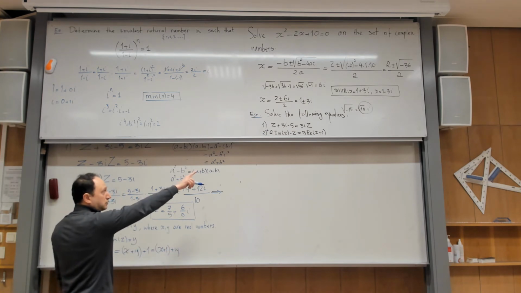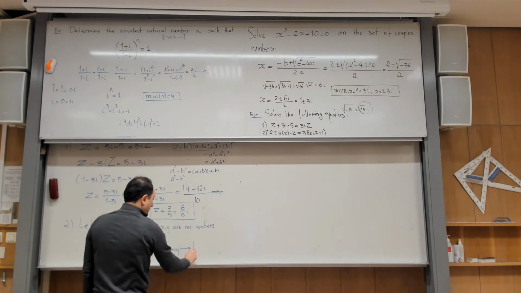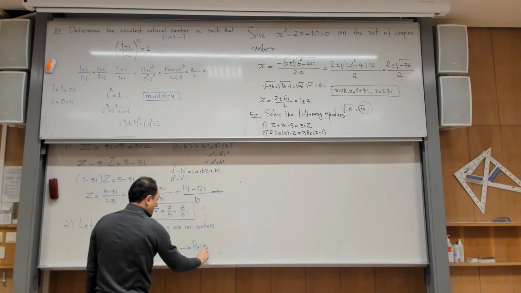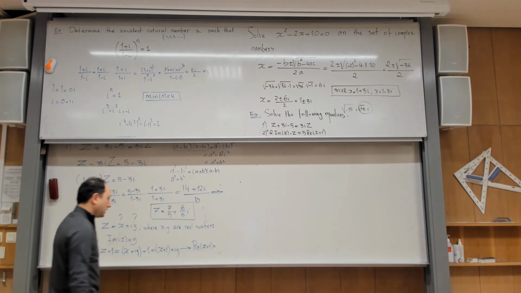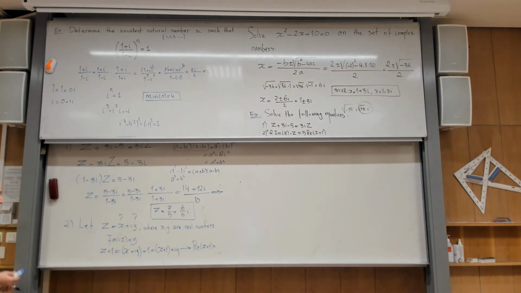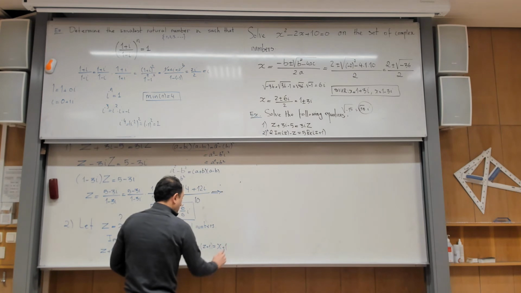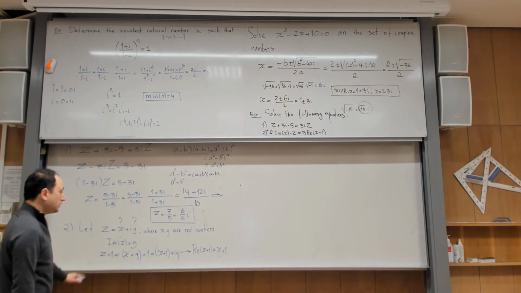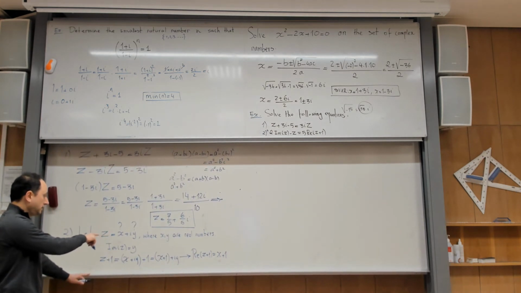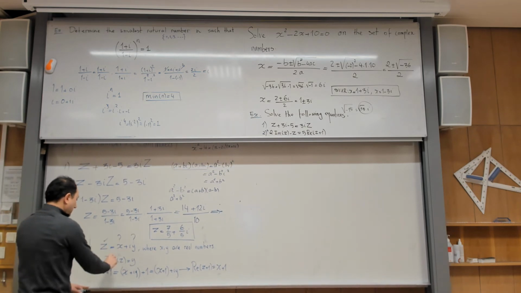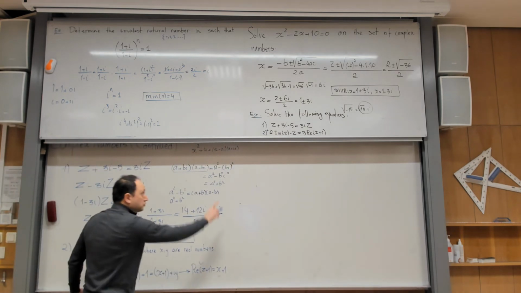What I need is the real part of this number. So the real part of z plus 1 is equal to, what's your answer? What is the real part of z plus 1? x plus 1. And then what I need to do is plug these expressions, this one and that one and that one, into my equation.